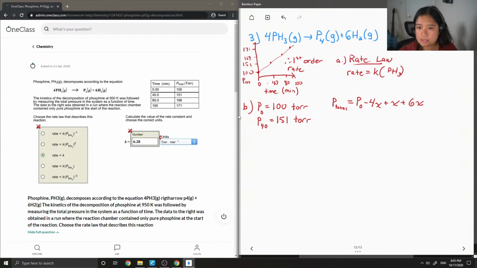So what this means is that as the decomposition reaction occurs, we're going to have 100 torr, and then subtract what we started with, which is our reactants. And then we're going to add pressure that is from our products. So 1 is from this P4, and then this is from the 6H2. So then I can simplify this further just by doing P total is equal to P initial plus 3x.